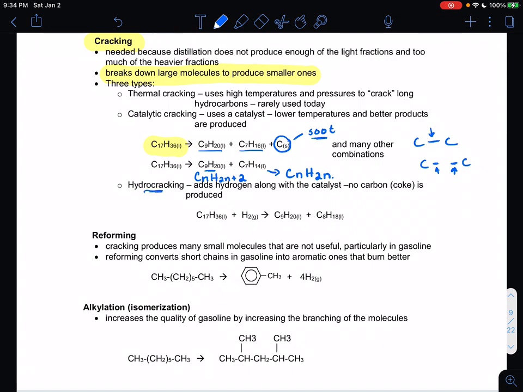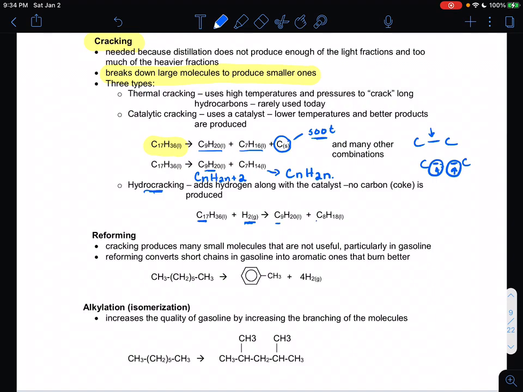Now what's done is what's called hydrocracking. What hydrocracking does is it adds a little bit of hydrogen, which provides that place, that bond, with the hydrogen to make sure that every carbon has 4 bonds attached to it. You can see it here in this equation.